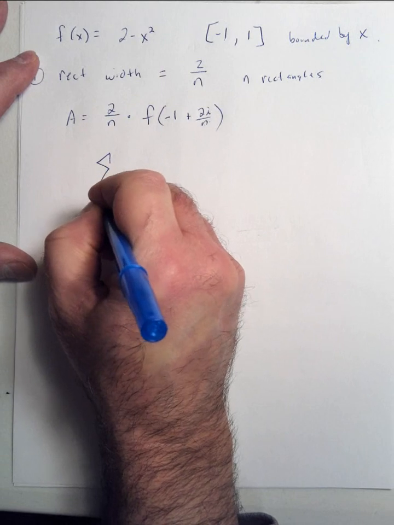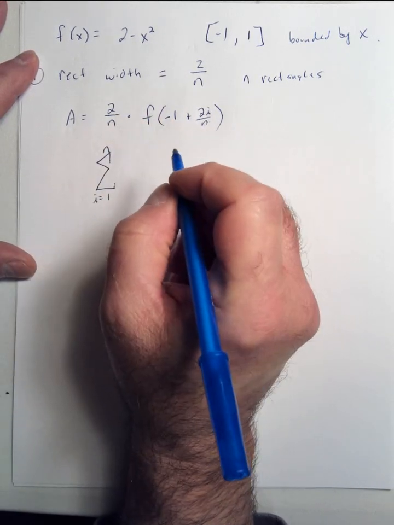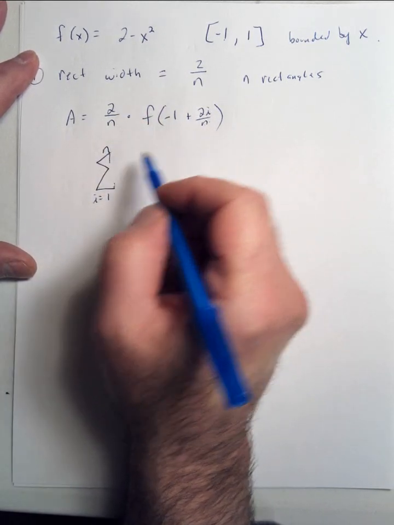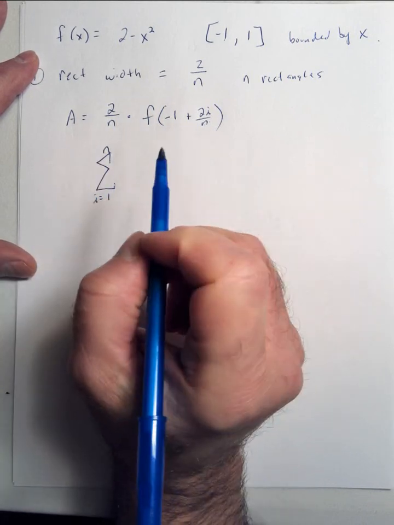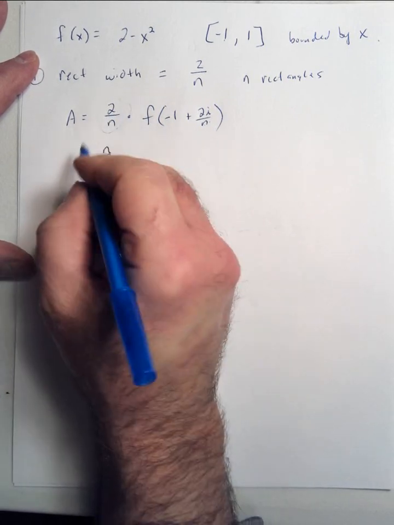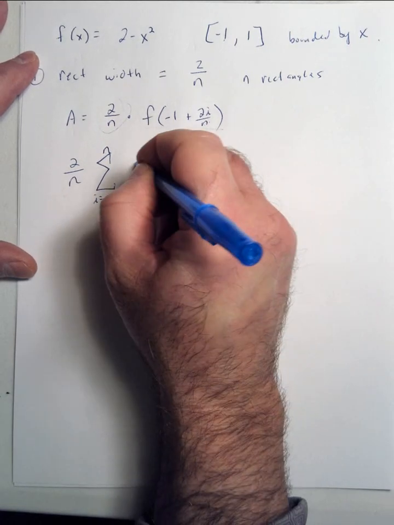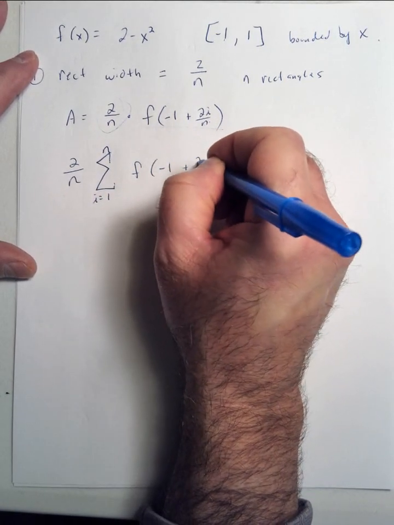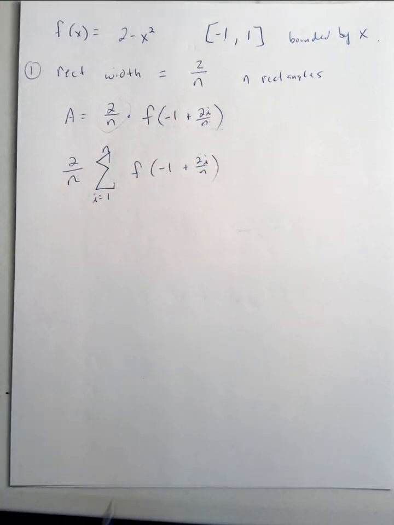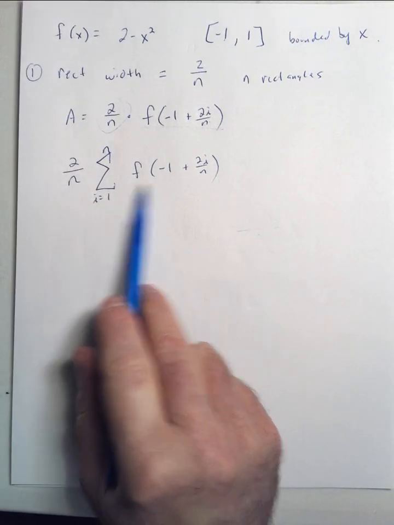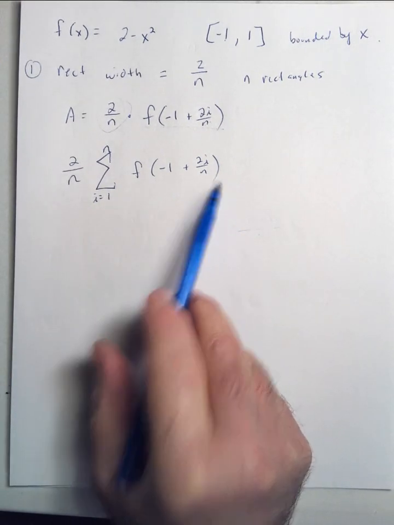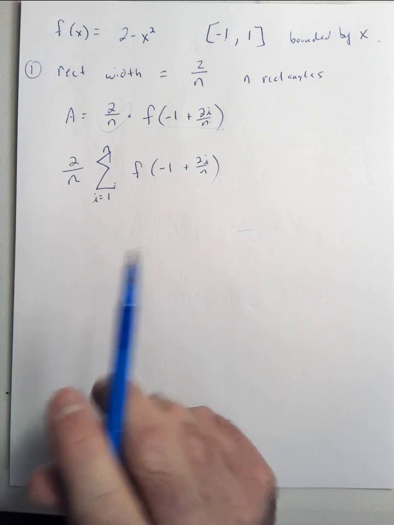We're going to let i go from 1 to n, because we have n rectangles. If we had 10 rectangles, that would be a 10, etc. So we're going to take my constant, pull it out, and we're just going to deal with this. That's taking my width and multiplying by each height as we go from -1 to 1. So we're looking for that expression now.